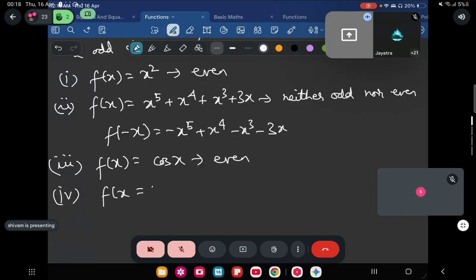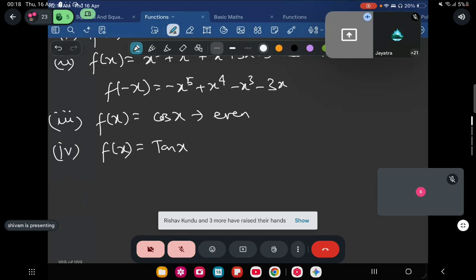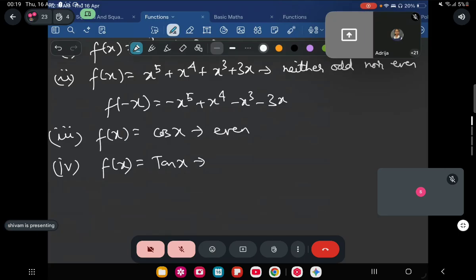Odd or even? f of x equal to tan x. Even? What did you say? Odd. Why are you people confused?